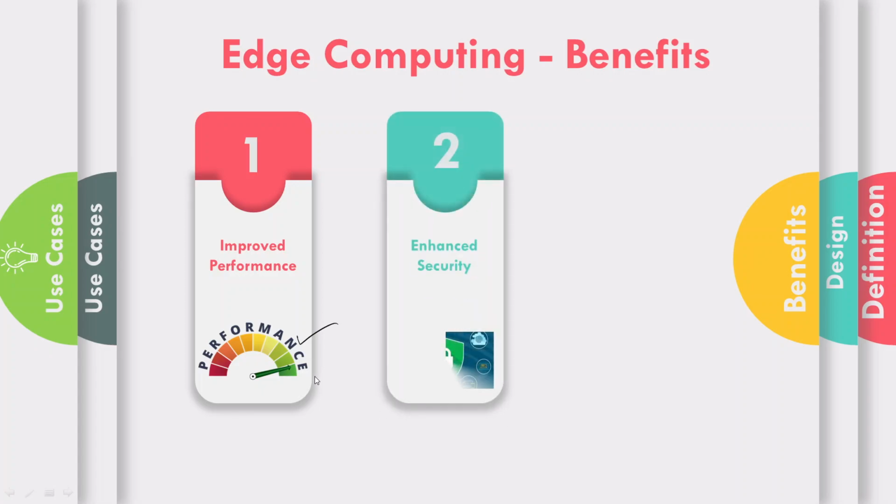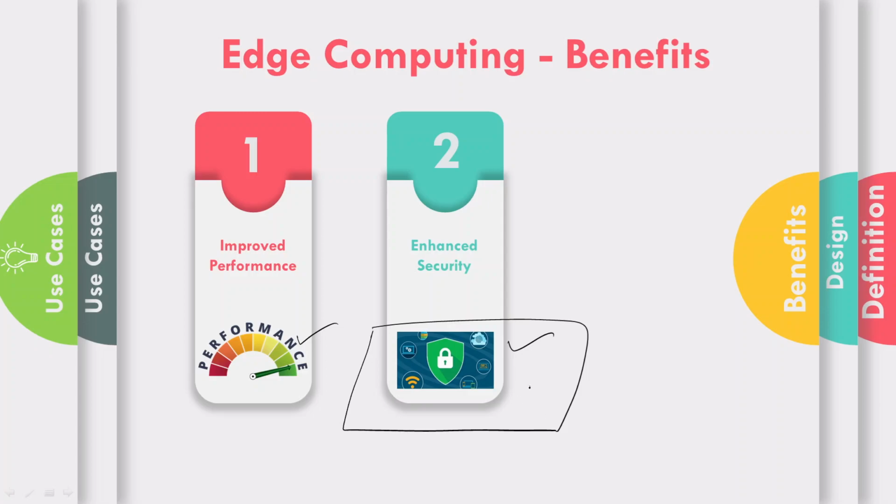The next benefit is enhanced security. By bringing the data and processing closer to the edge of the network, or we can say inside the network, the data is now more secure as compared to the cloud model where data resides inside the cloud of a third-party cloud provider.